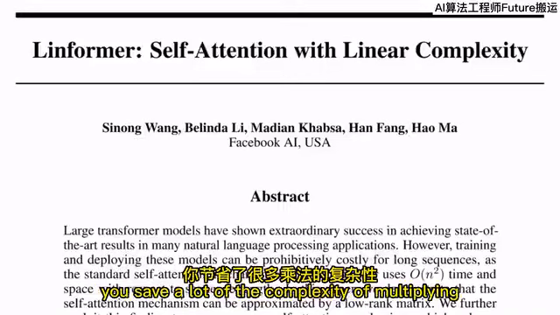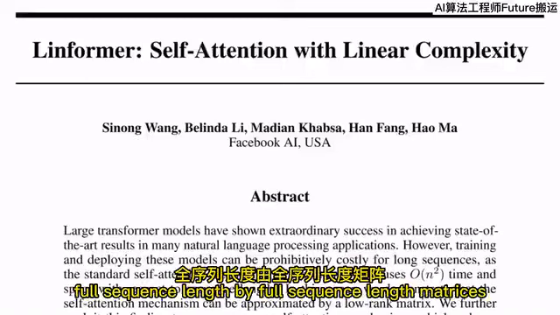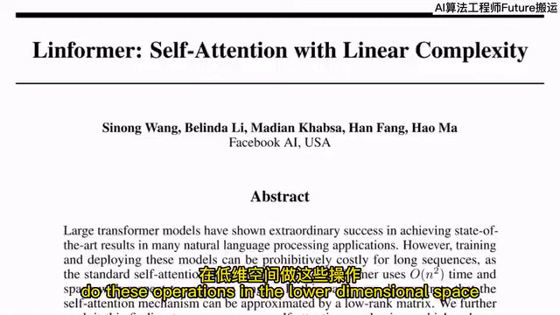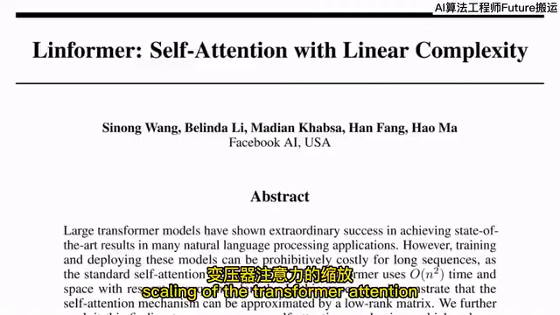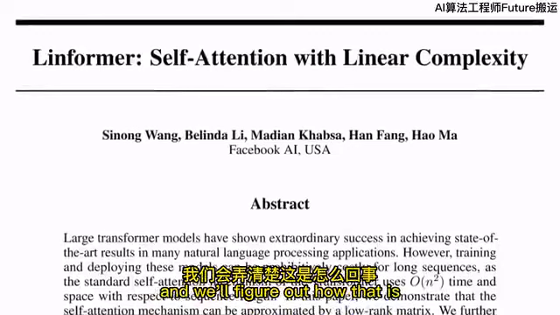And thereby you save a lot of the complexity of multiplying full sequence length by full sequence length matrices, but instead do these operations in the lower dimensional space. And they achieve a linear scaling of the transformer attention, and we'll figure out how that is.